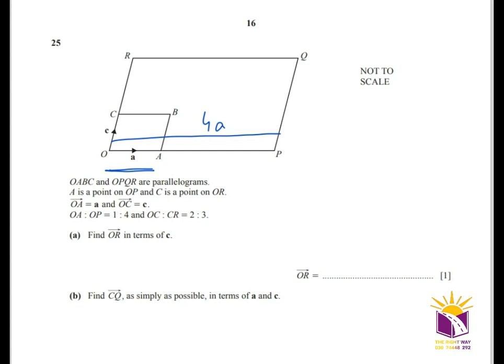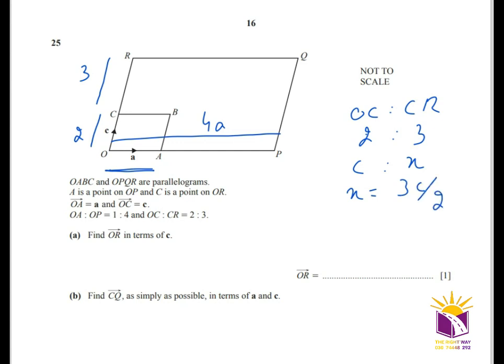OC and CR is 2:3. If it is 2, then it is 3. So the ratio OC to CR is 2:3. If OC is c, then CR will be x, and x will be equal to 3c divided by 2.